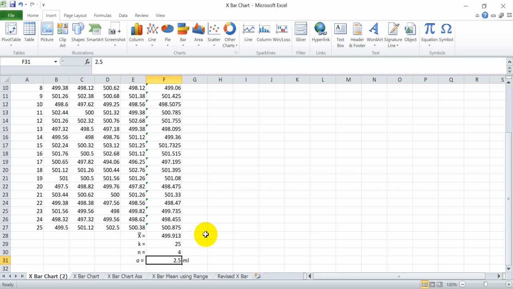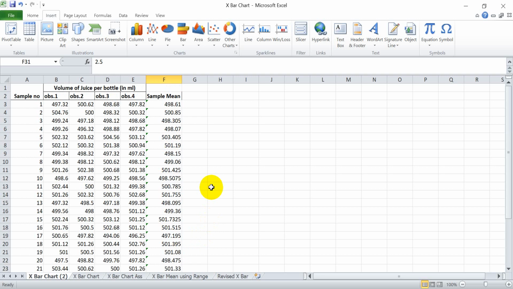Now we have to get the value of the central line, the UCL, that is the upper control limit, and the LCL, that is the lower control limit.